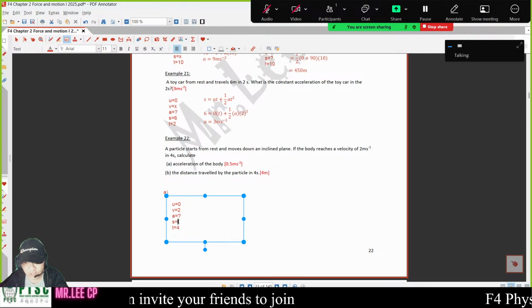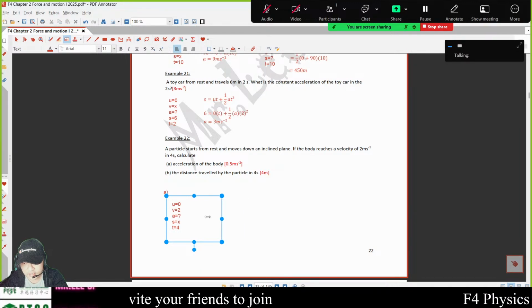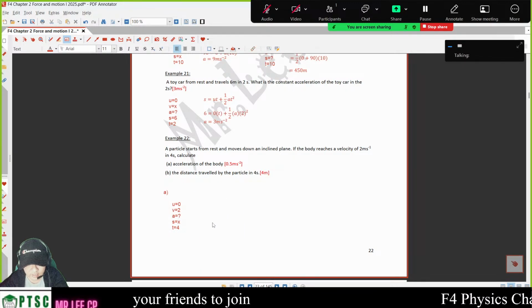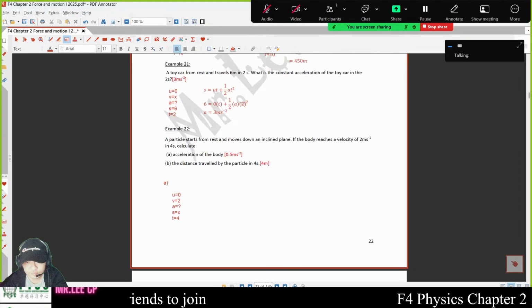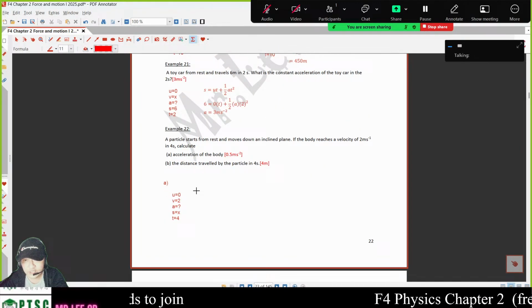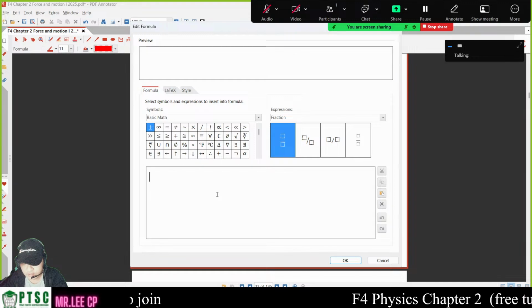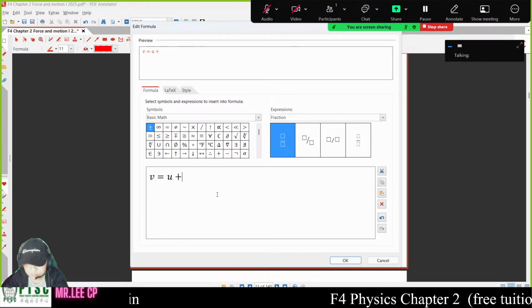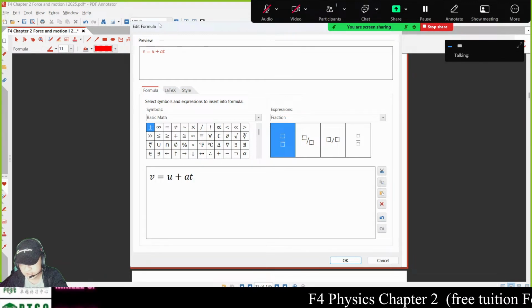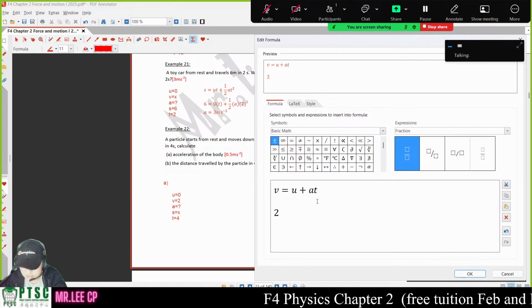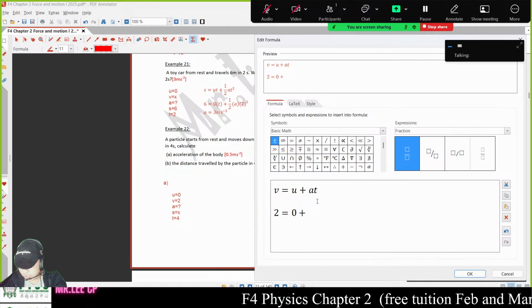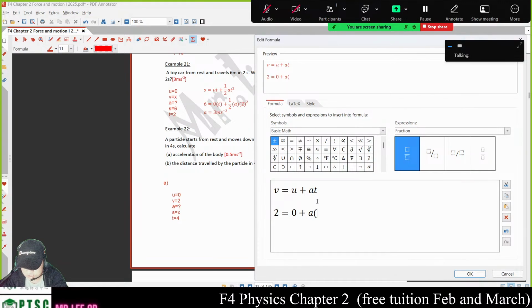So I don't have S. No S, I am going to use the first formula. First formula is V is U plus AT. Final velocity, it is here V, it is 2. Is equal to U plus A, I don't know, T it is 4.